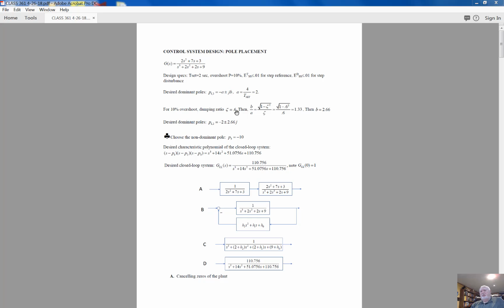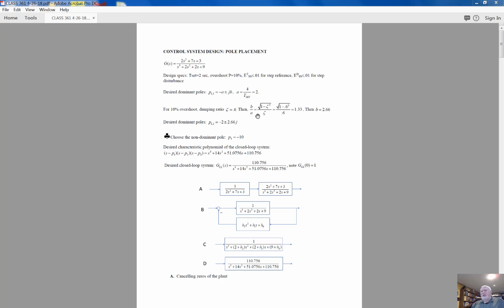The best you can do is to look at the graph or look at the table, and during the final exam, if you need to relate overshoot to damping ratio, I'll give you a table. However, I know for sure that for 10% overshoot, the damping ratio should be equal to 0.6.